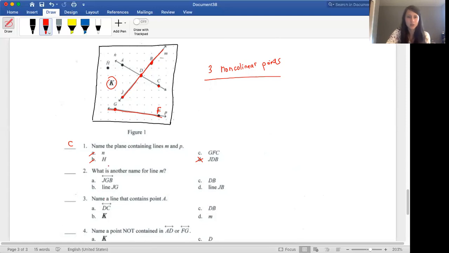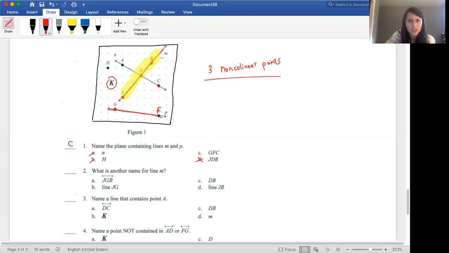All right, number 2, what's another name for line M? We've got line M right here, this one right there. What's another name for it? Well, remember, I can name my line using any 2 points on my line. Let's look at our answer options. We have line JG.